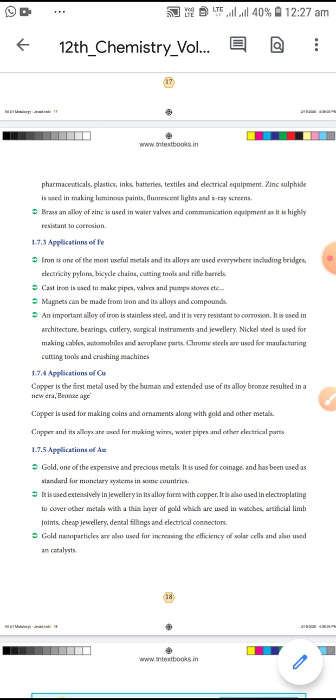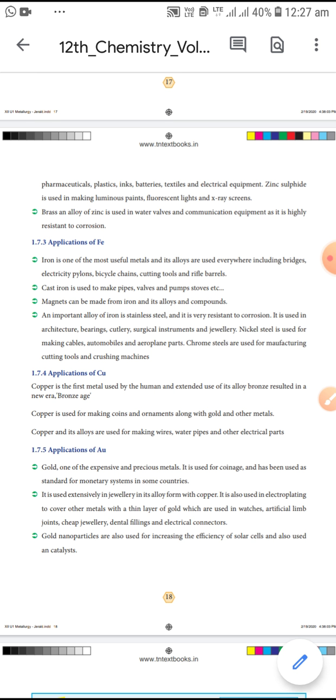Next, the application of gold. Gold is one of the expensive and precious metals. It is used for coins and can be used as a standard for the monetary system in some countries. It is used extensively in jewelry, in alloy form mixed with copper, to make ornaments.